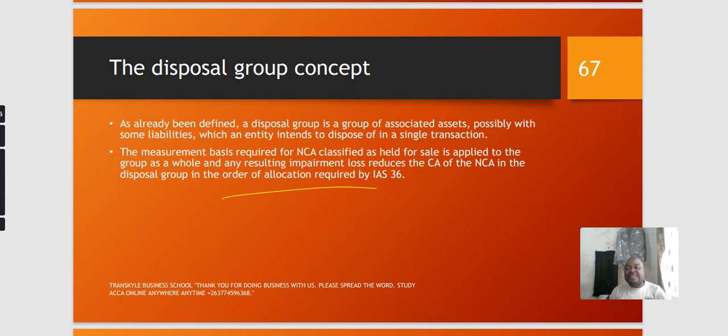Then if there is any impairment, you need to allocate the impairment in the order required by IAS 36. We discussed this allocation in our week 7 video on impairment of assets, IAS 36. Please refer to that video to understand how the allocation is done.